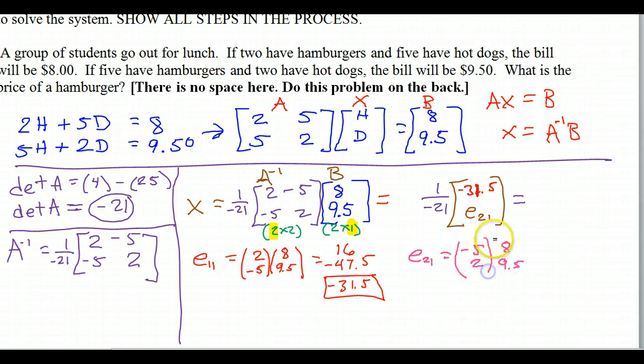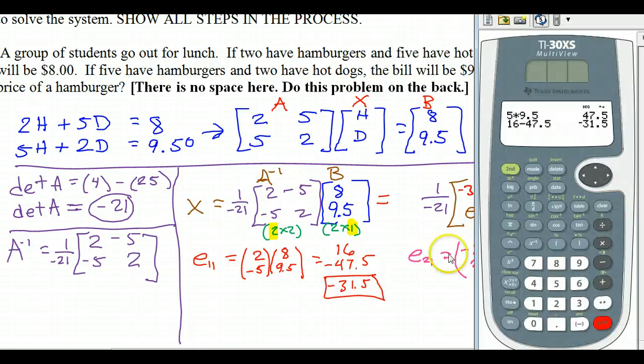So that's negative 40 and 19, because 2 times 9.5 is 19.